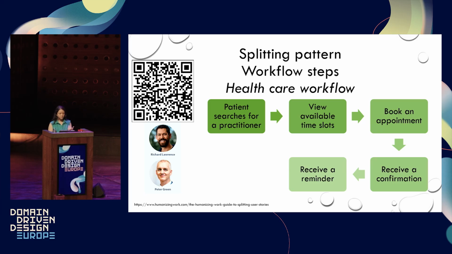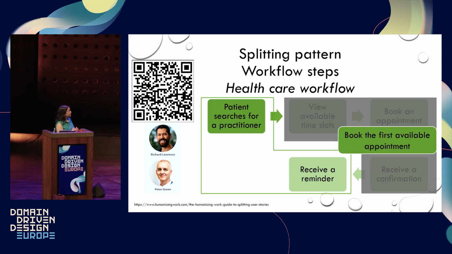That means that we will conserve the first and the last steps of the workflow. And instead of having 3 steps in the middle, we will create a new, tiny one, which is probably first to book an available appointment.